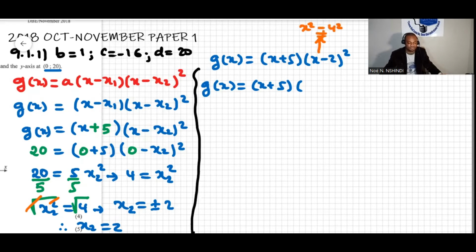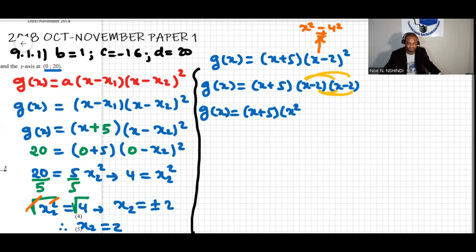Not the same. Over here we must do x minus 2 times x minus 2, and then g of x will be x plus 5 times, here we do x times x, x times negative 2, and this and that, and that makes what?